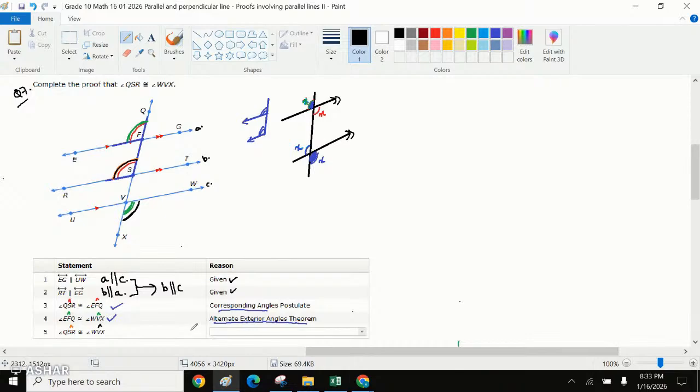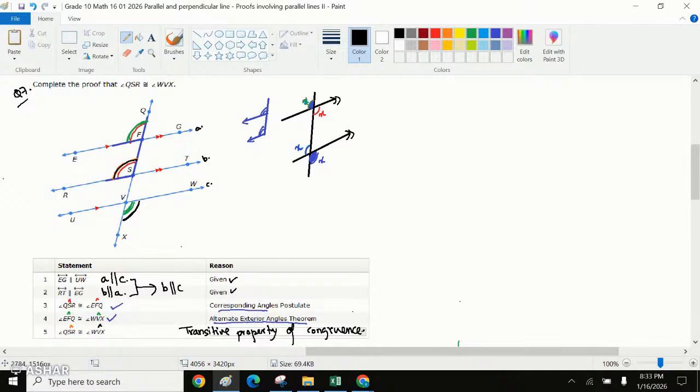Therefore, the property is known as transitive property of congruence. Agreed? So up till now, what we saw was parallel lines, corresponding angles, alternate interior angles, alternate exterior angles.